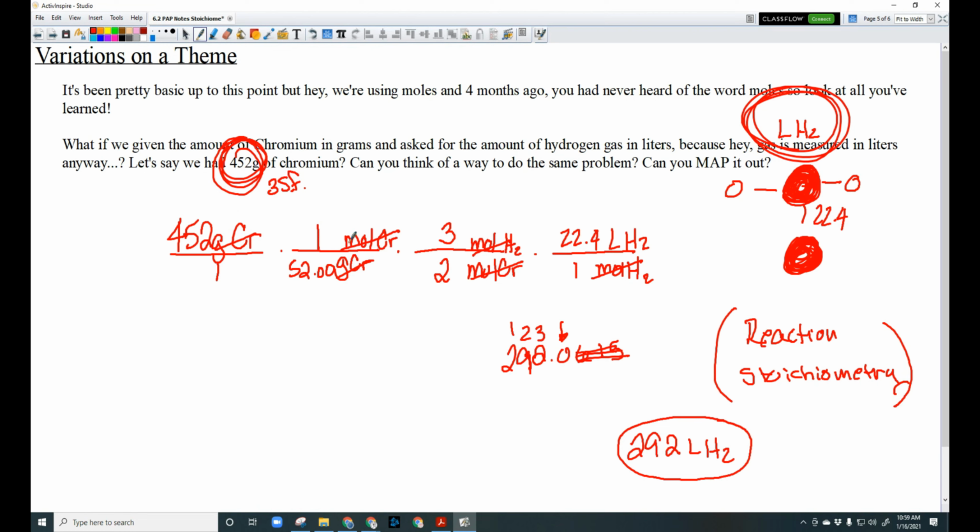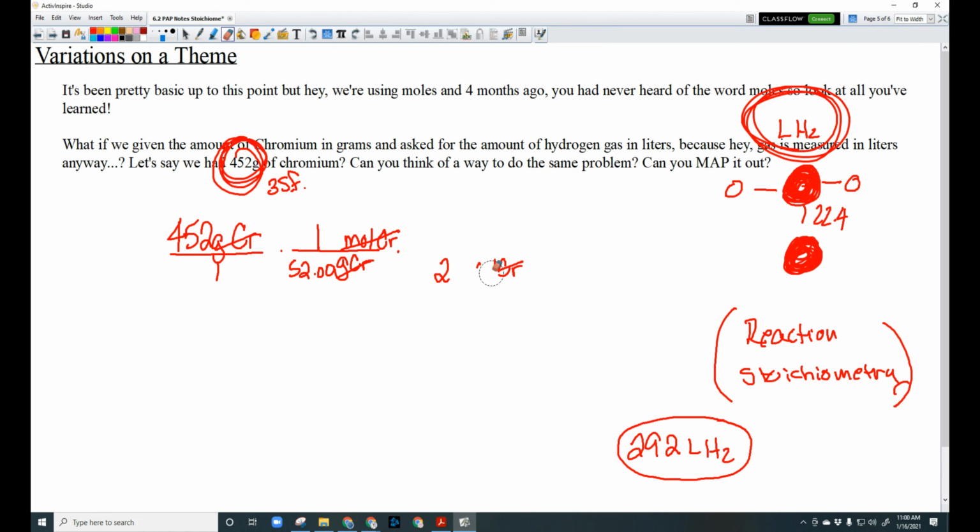So we're not worried or interested in moles of hydrogen now. What would we be interested in? Let me just take this out. What would we be interested in? Hydrochloric acid, right? Let me just clean this up more. So moles of chromium. We are interested in the hydrochloric acid.